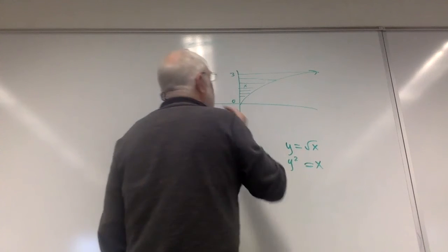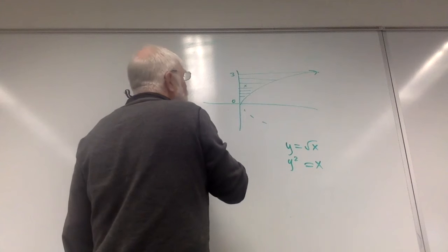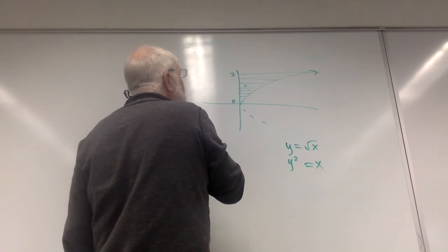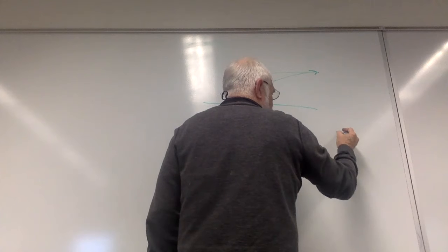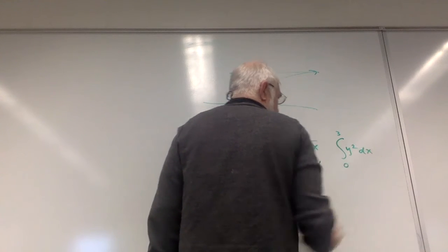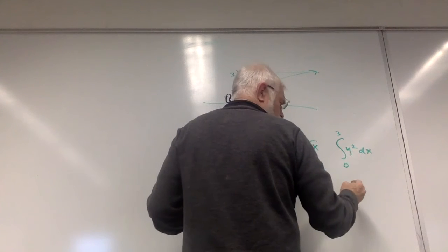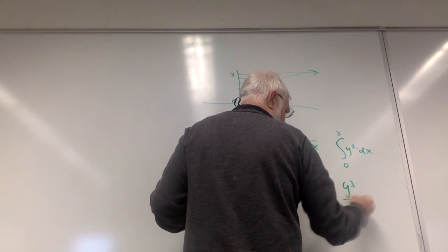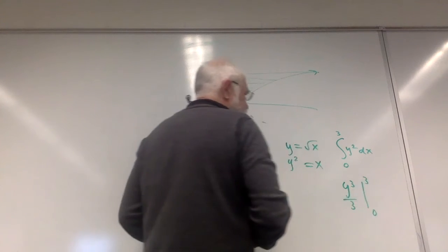Oh, yeah, y squared. I don't need the bottom part. Y squared from 0 to 3. Those x distances come from squaring the y values. So what does that give me? That gives me y cubed over 3 from 0 to 3.